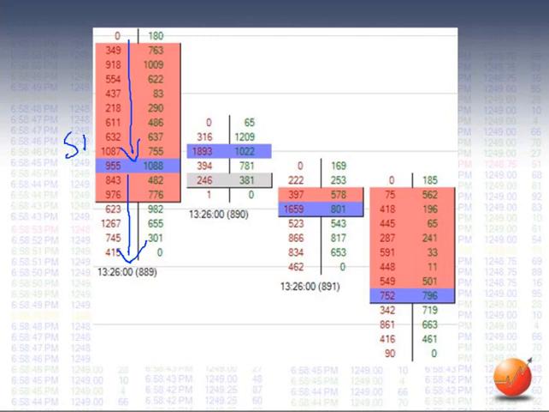Sellers initiate trade. We see the responsive seller come in right back up at the high volume level, right?